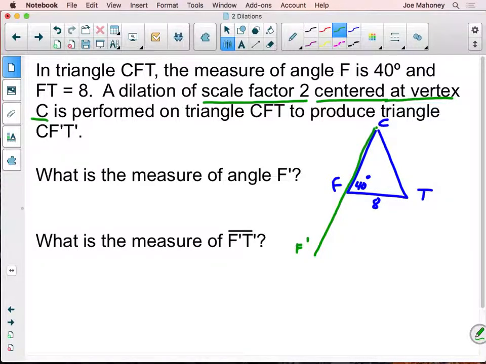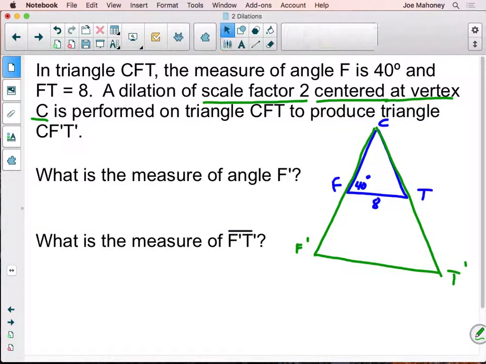And likewise, I'm going to double the distance from point C. So maybe T looks like it's about down there, T prime. And then I'm going to draw in that other side there. So notice now that triangle C, F prime, T prime is a dilation of 2 of triangle CFT. And the center of our dilation is point C.